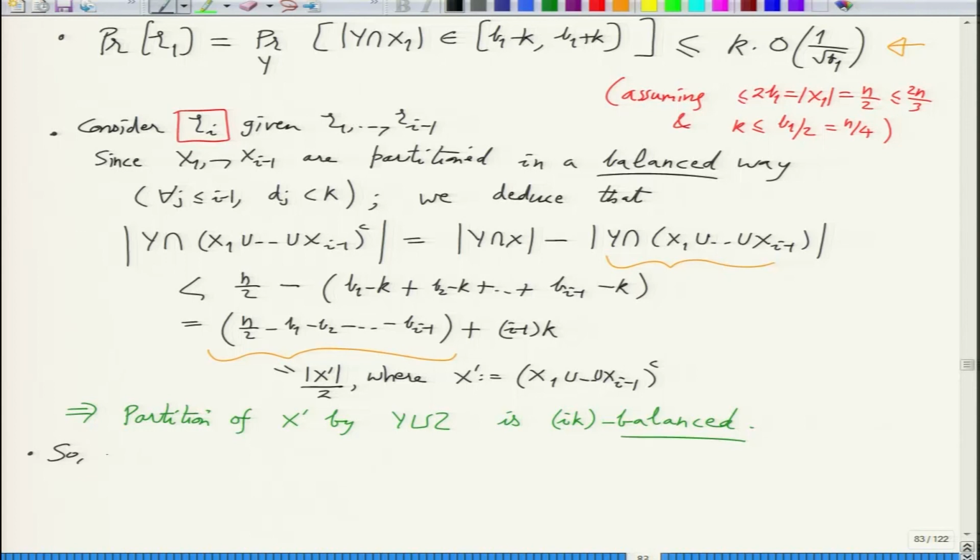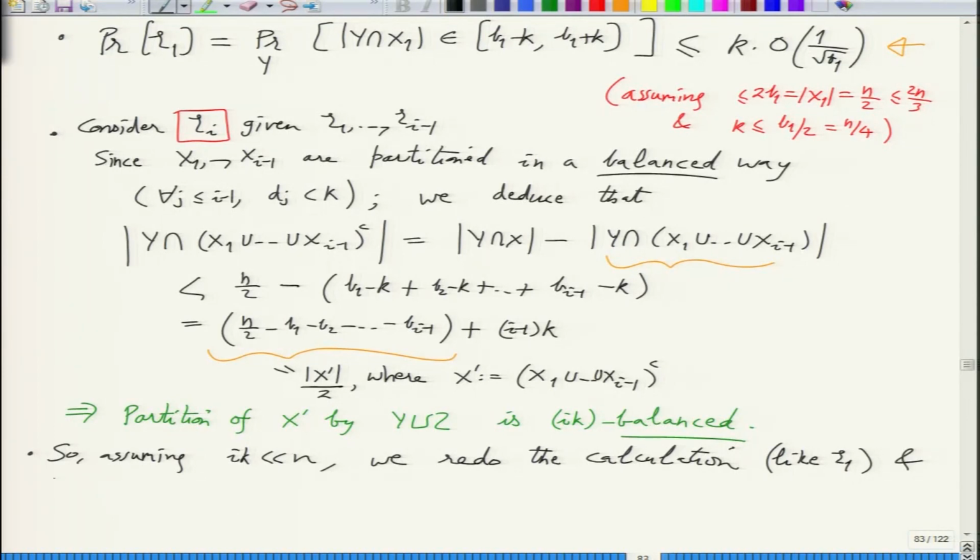So assuming this ik to be much smaller than n, we redo the calculation like E1 and still get that the probability of Ei, assuming that prior events have happened, is the same as we got here, right?